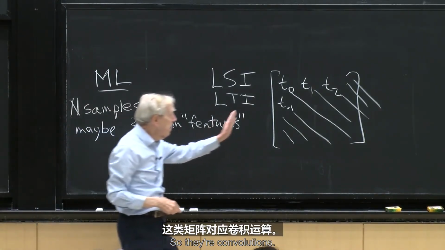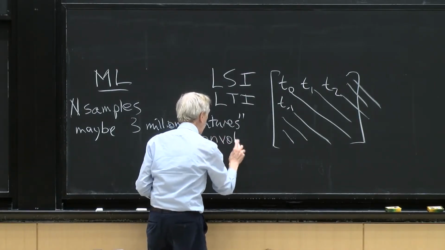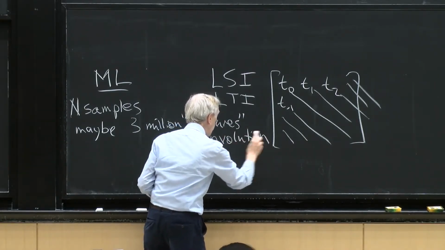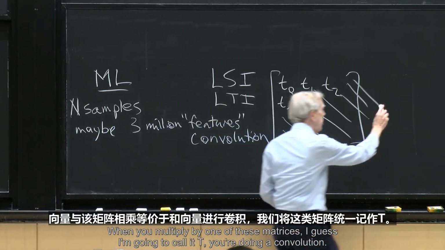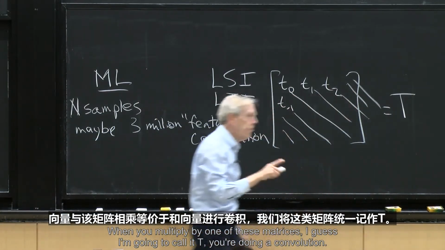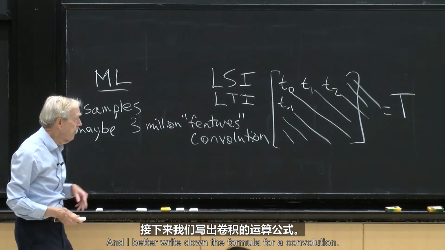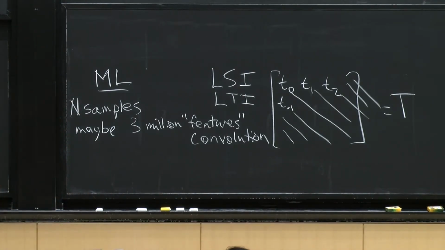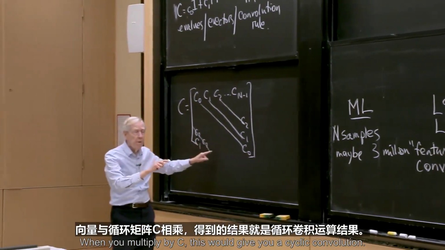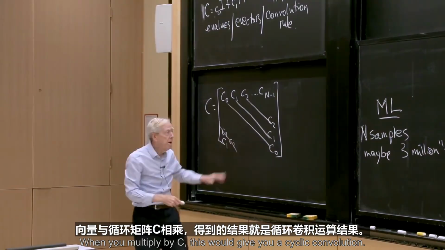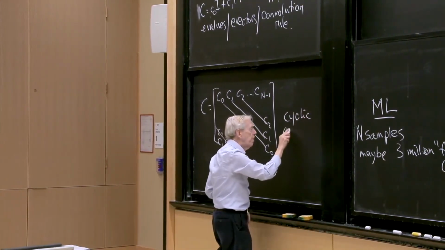So they're convolutions. You could call it a convolution matrix. When you multiply by one of these matrices, I'm going to call it T, you're doing a convolution. And I'd better write down the formula for a convolution. You're not doing a cyclic convolution unless the matrix cycles round. When you multiply by C, this would give you a cyclic convolution.